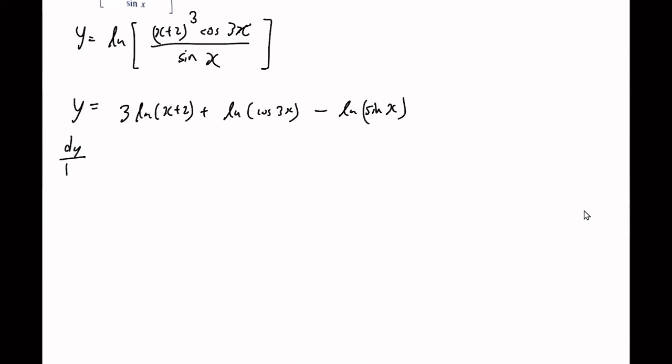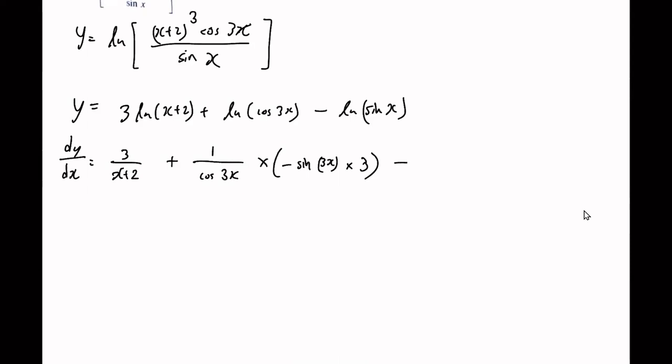Then dy by dx is 3 over x plus 2, plus 1 over cosine 3x times, wait, let me think, negative sine 3x times 3. Good.